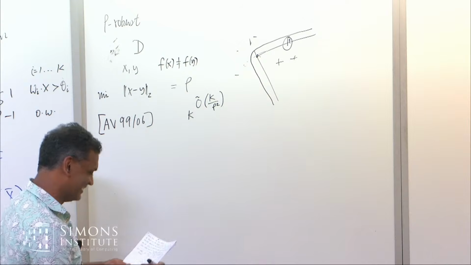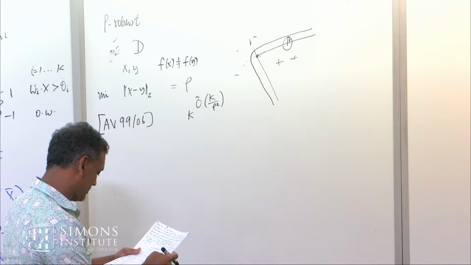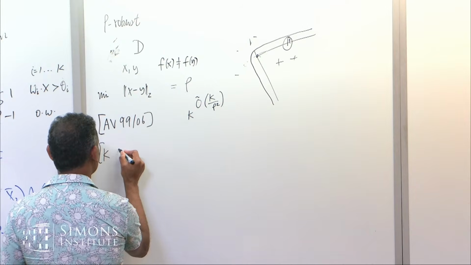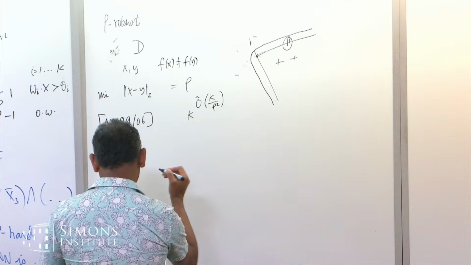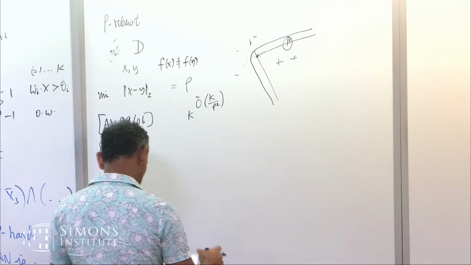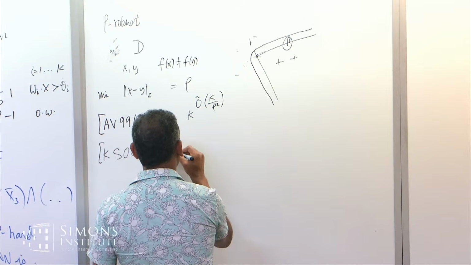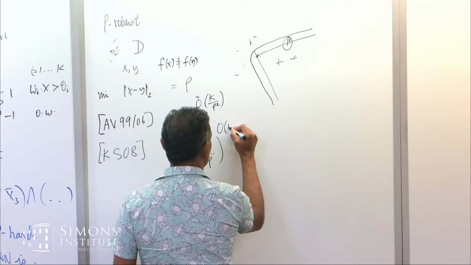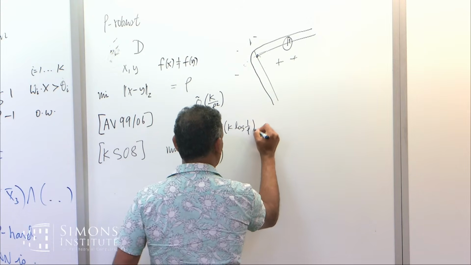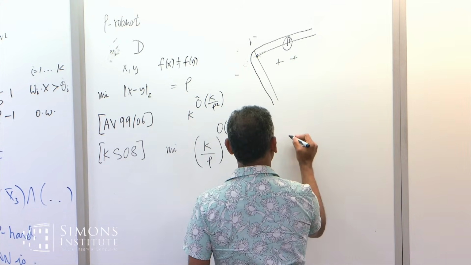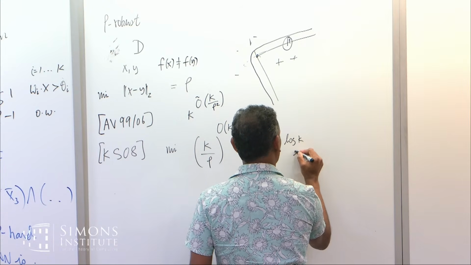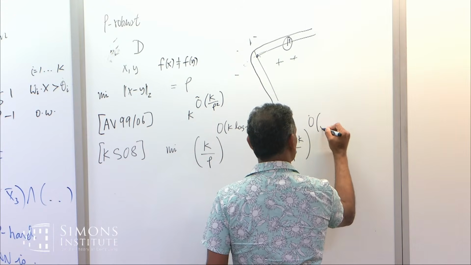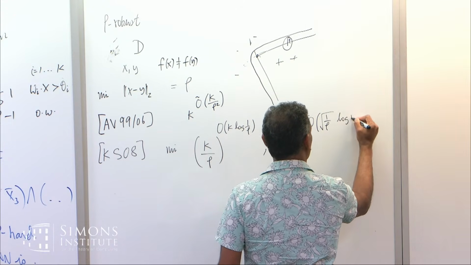So, but then this was improved by Klivans and Servedio in 2008 to the minimum of k over rho to the k log 1 over rho, and log k over rho to the order of square root 1 over rho log k.